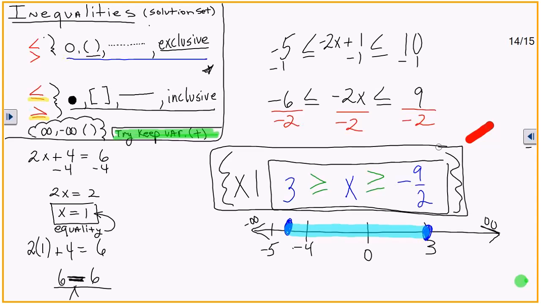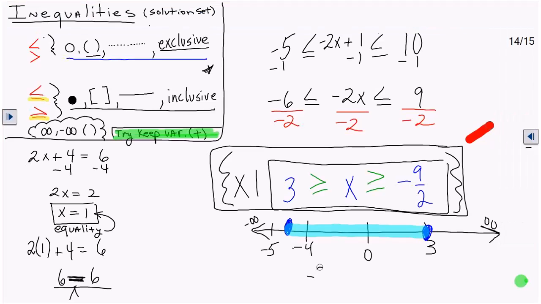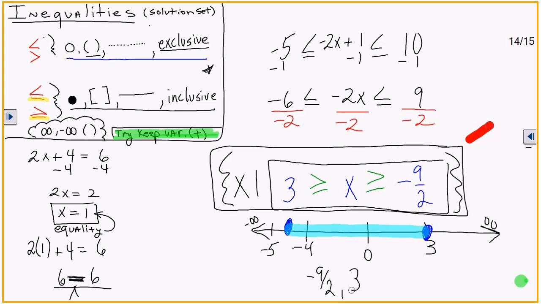Interval notation, read the blue shaded area from left to right: negative 9 halves, comma, 3, bracket. And that's what happens when you have a negative variable. That's why I choose not to deal with negative variables unless I have to.